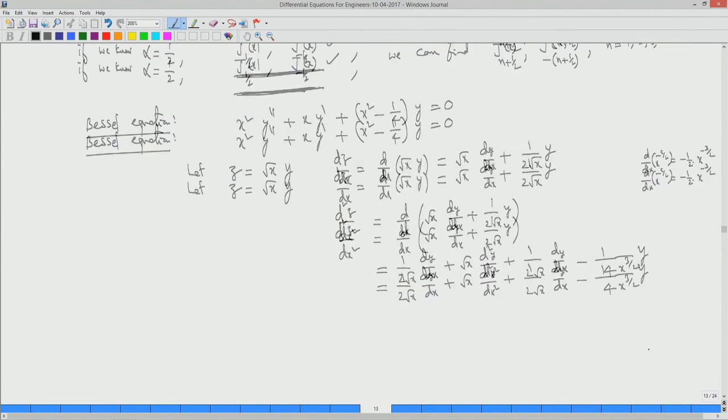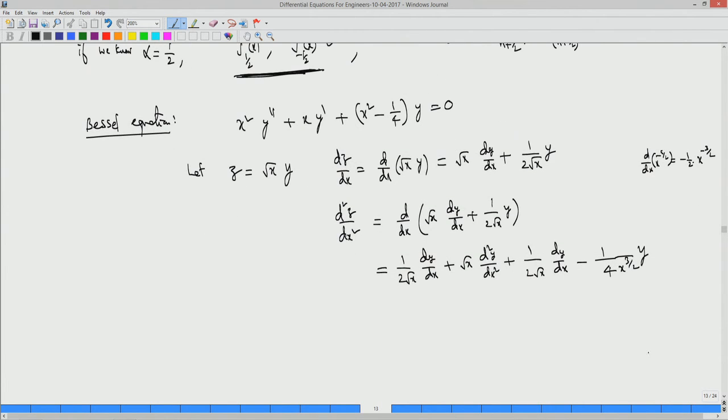So, substitute for dy by dx. From this you can calculate dy by dx. So, this is 1 by root x dy by dx plus root x d square y by dx square minus 1 by 4 x power 3 by 2 y.